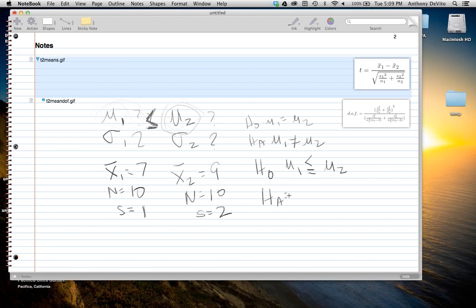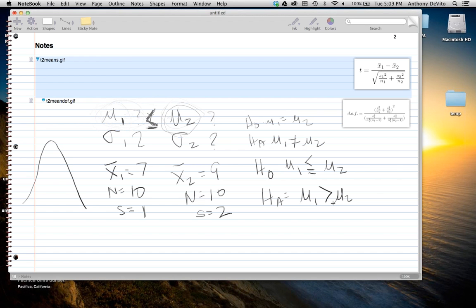H alternate is mu1 is greater than mu2. So what I'm doing there is, if this is a distribution of all the possible sample means, I'm starting with the assumption that mu1 is less than or equal to mu2.